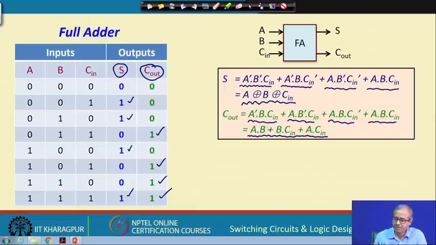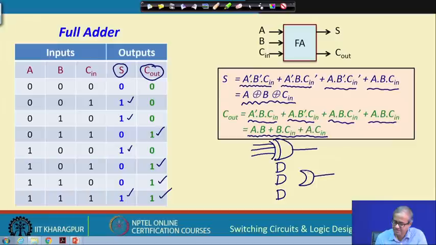So, when you implement a full adder using this expression, for the first case, sum, you need either a big XOR gate with 3 inputs, and for carry you will be needing 3 AND gates AB, B C in, C A, and an OR gate. Each of these AND gates will have 2 inputs.